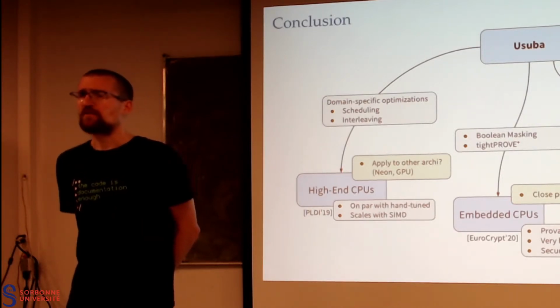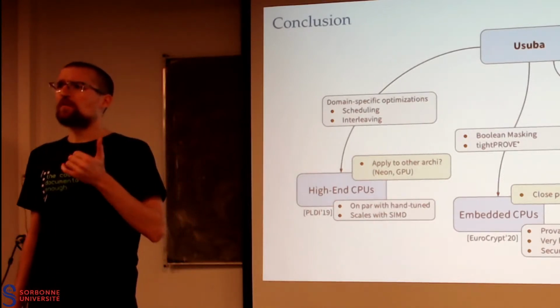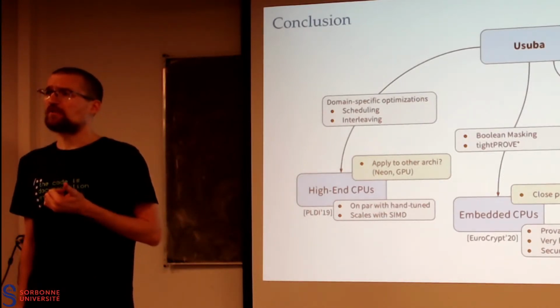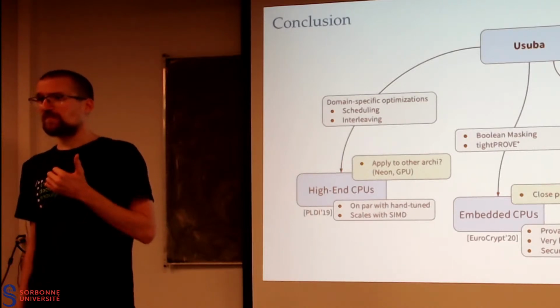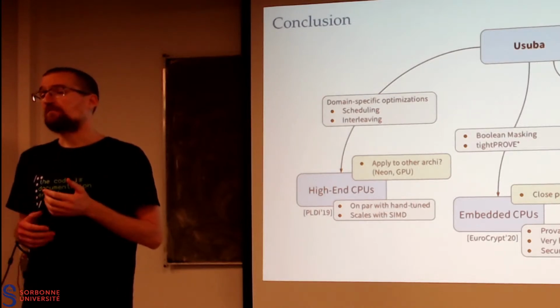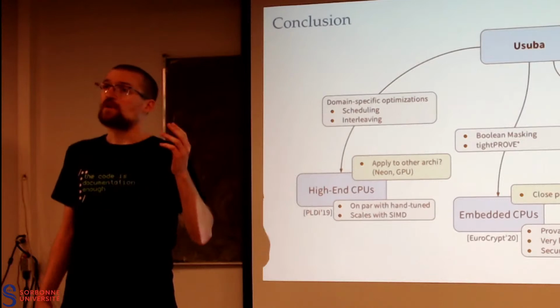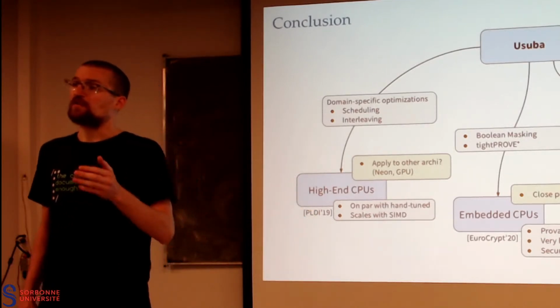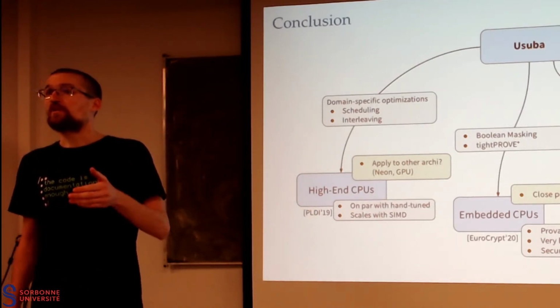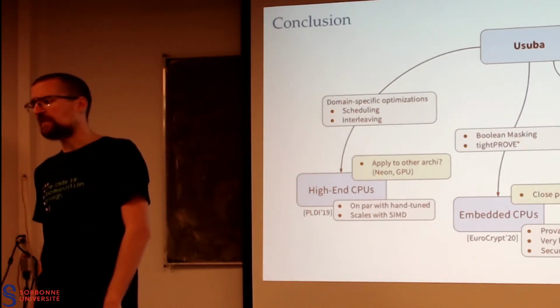So for instance, there is only one port on the CPU that can perform shuffles for SIMD extensions. So whenever your cipher does shuffles, most of the time some ports are idle. So if you have a general purpose implementation running at the same time, that one could use the other ports to perform its operations. So that's one thing.